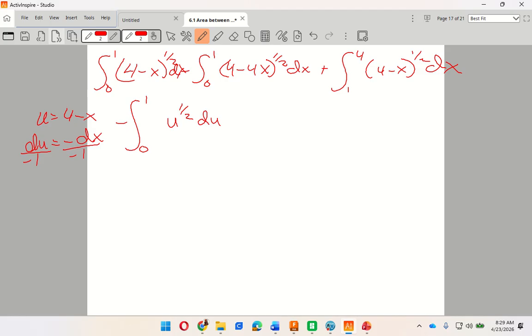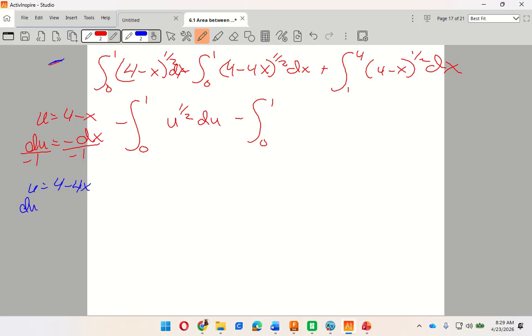All right, so I'm going to do that again, but for this next one over here. And so that's going to be a minus sign, integration from 0 to 1. In this case, I'm going to call my u, u is 4 minus 4x.